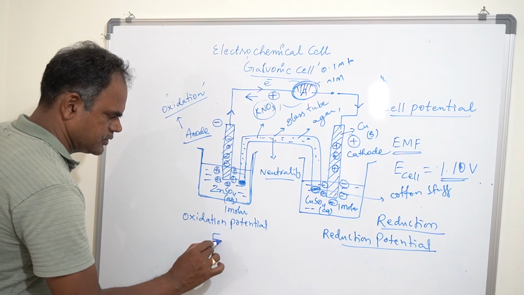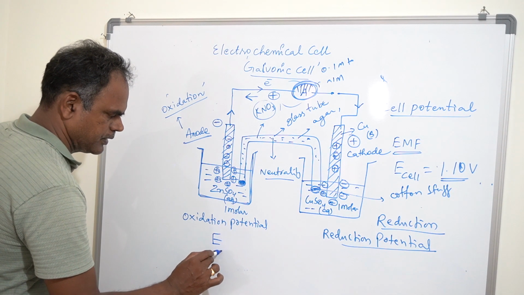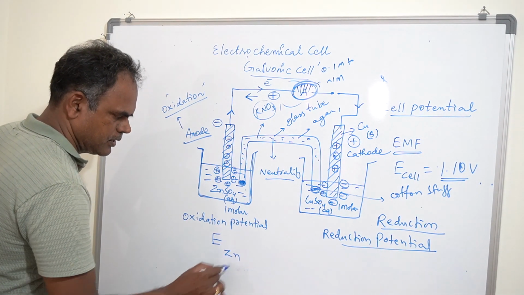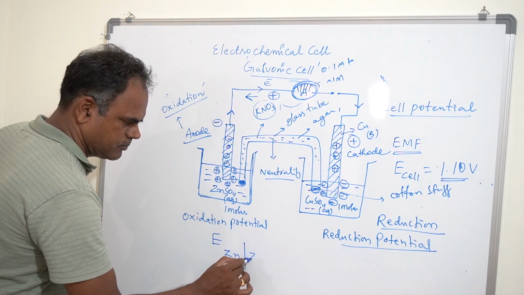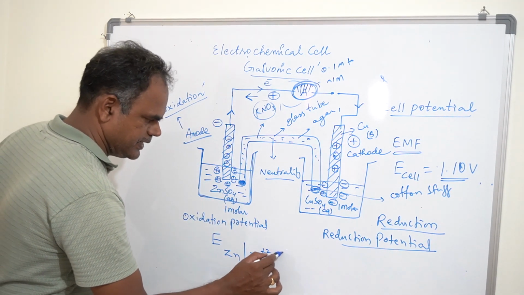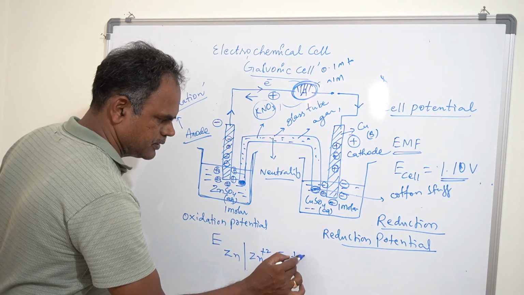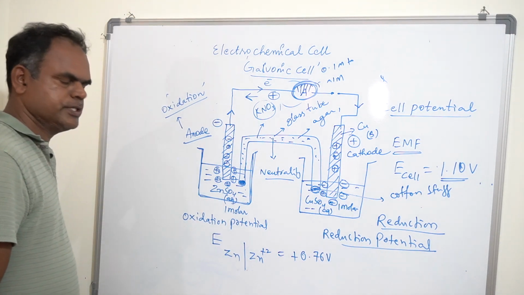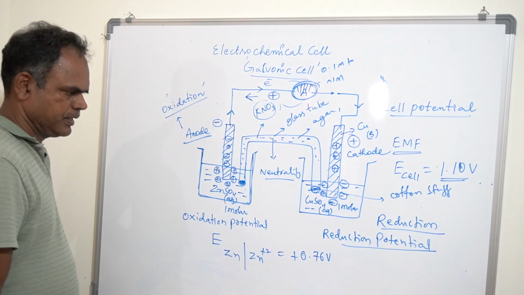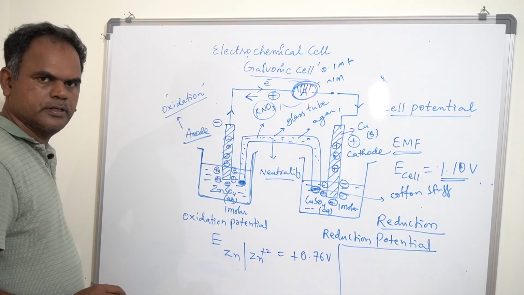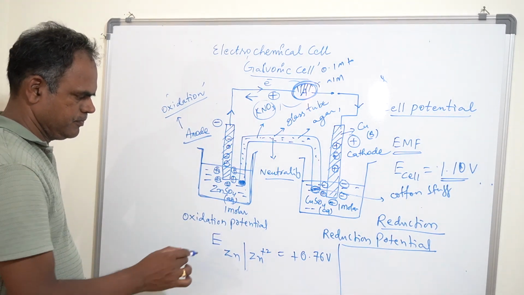The electrode potential of zinc: Zn gets oxidized to form Zn plus 2, which is equivalent to plus 0.76 volts. This is the oxidation potential of zinc, which is taking place in one half cell.